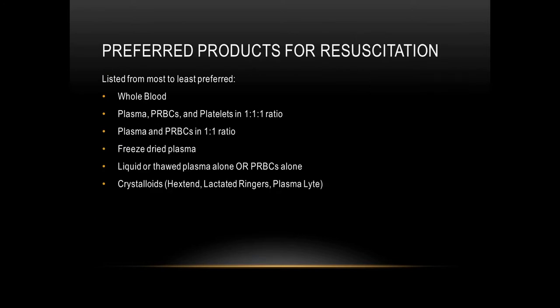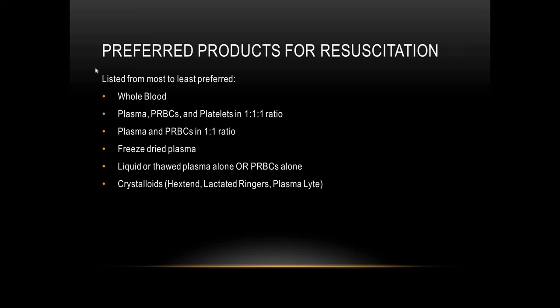So predominantly, as a disclosure, this was primarily taken from the Committee for Tactical Combat Casualty Care, but this is also for the American College of Surgeons and Advanced Trauma Life Support, the preferred products for resuscitation of hemorrhagic shock in these patients that are bleeding out.